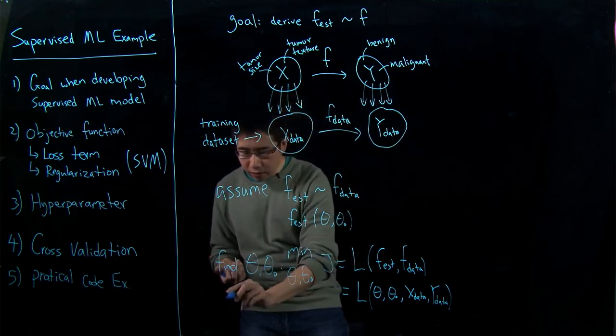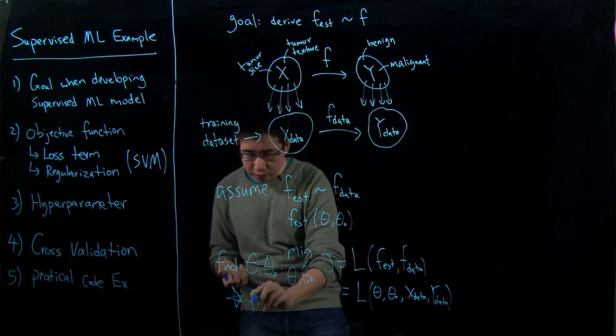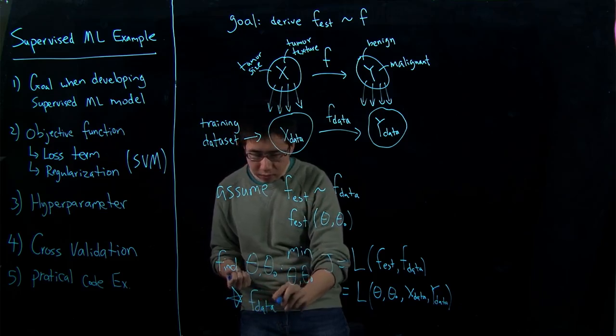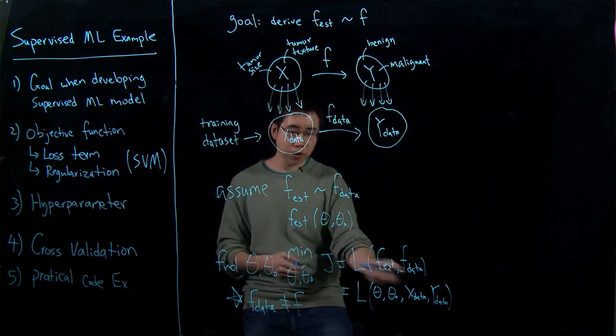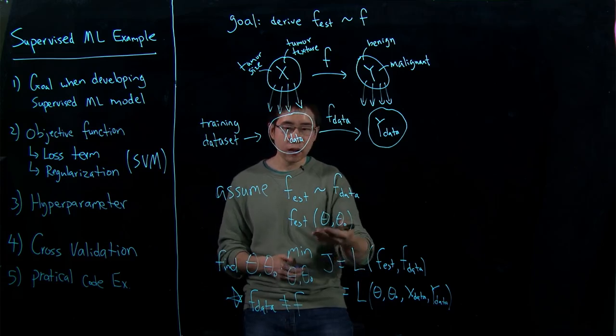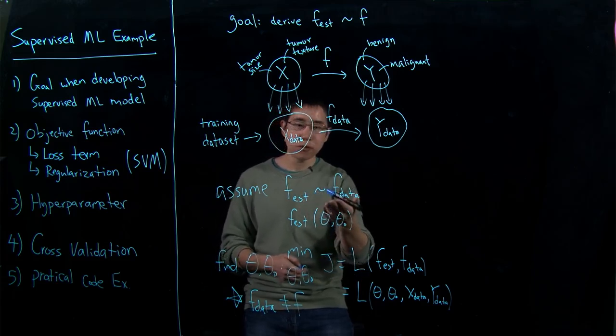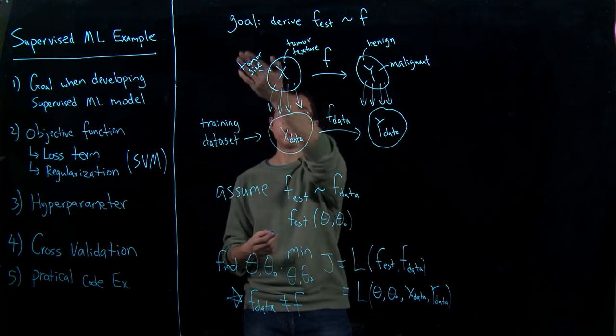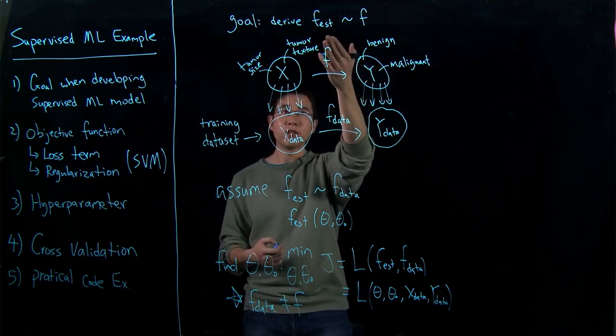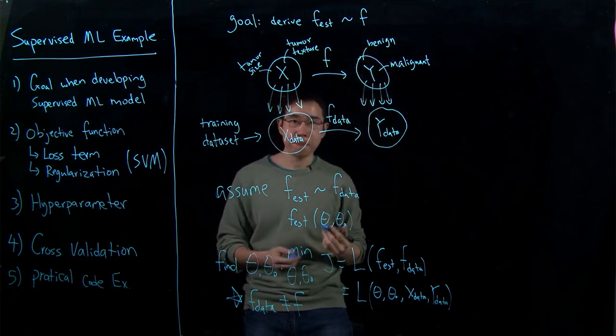So the key point here is that f data is not actually equal to f. So if we only have this objective function that allows our f estimate to approximate f data, we may not do a very good job of actually achieving our goal of finding an f estimate that approximates f.